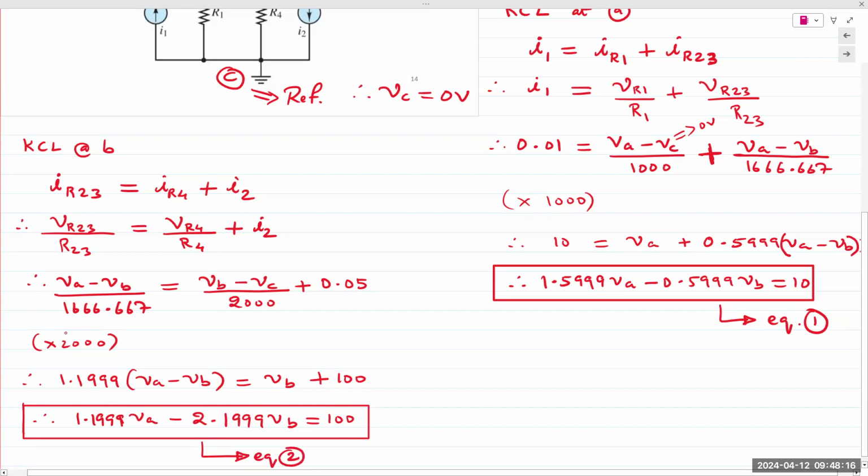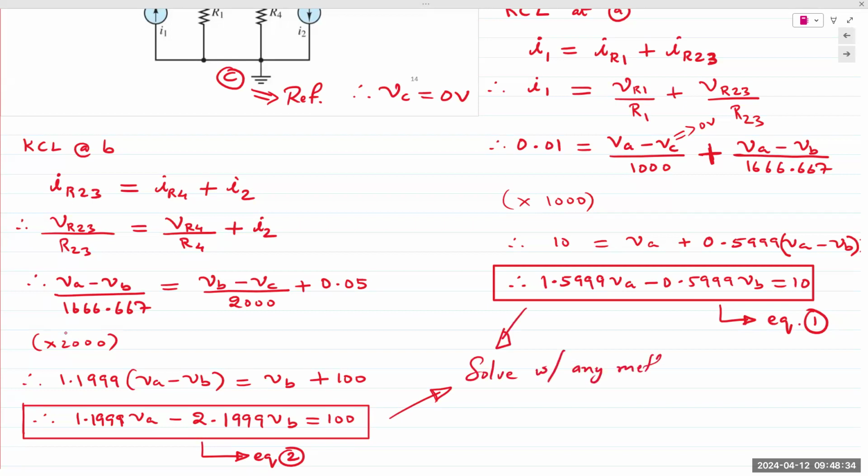Solve these equations using any method you choose. So from here and from here, solve with any method.